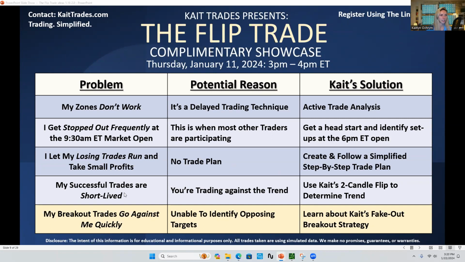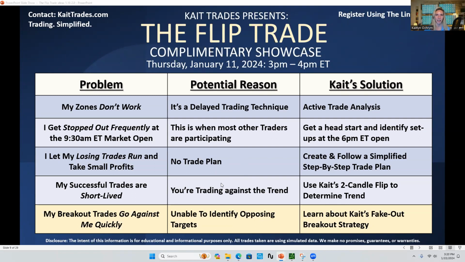Another problem, my successful trades are short-lived. If your successes are short-lived, the potential reason is that you're trading against the trend. So if you are in a long trade, but the overall trend is down, you're trading against the overall trend, and it's stacking the odds against you.